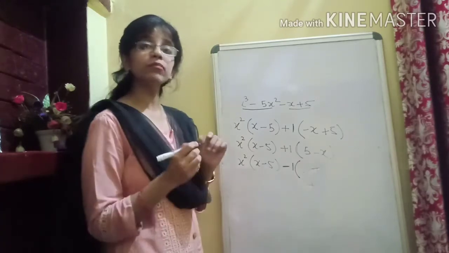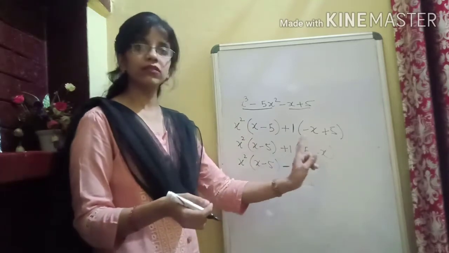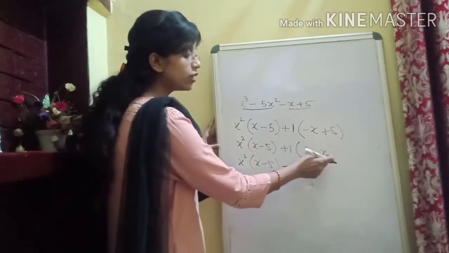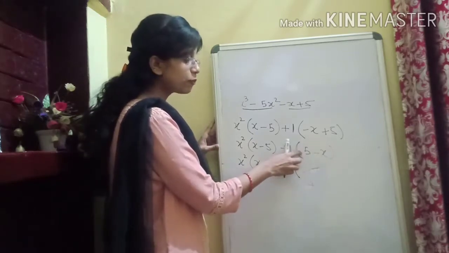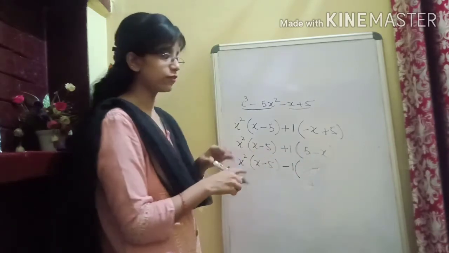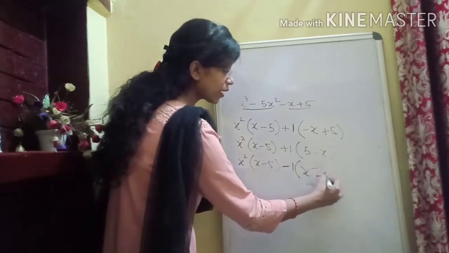Now since I have taken minus common, whenever we take minus common, the signs always change. So here we have minus x, so it will become plus x. Here we have plus 5, it will become minus 5. That means plus x minus 5. So that's how I am writing plus x and minus 5.